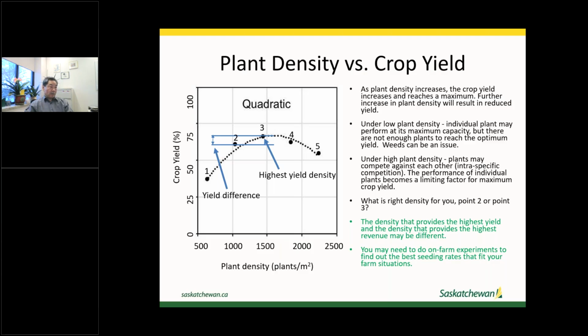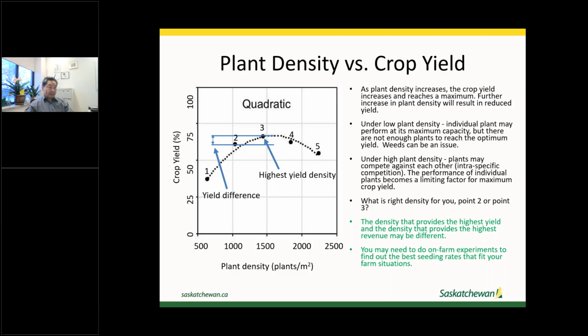Also, when there are not enough plants and too much space is left between them, weed growth is promoted, which could increase the weeding costs.